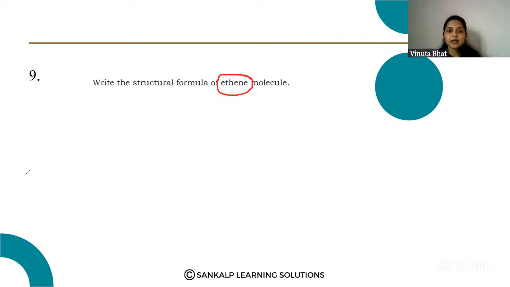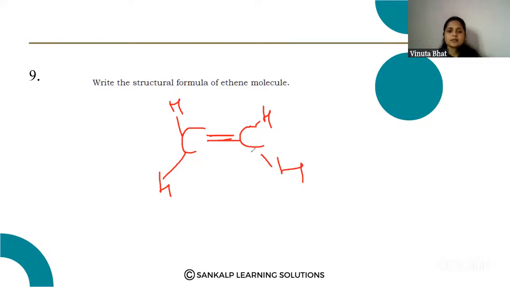Ethene has two carbon atoms, and the two bonds between them are called a double bond, and the formula is C2H4.